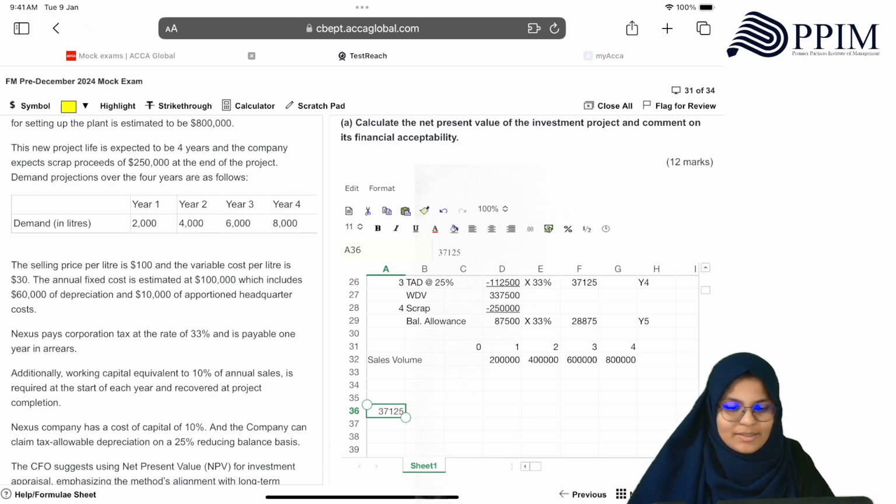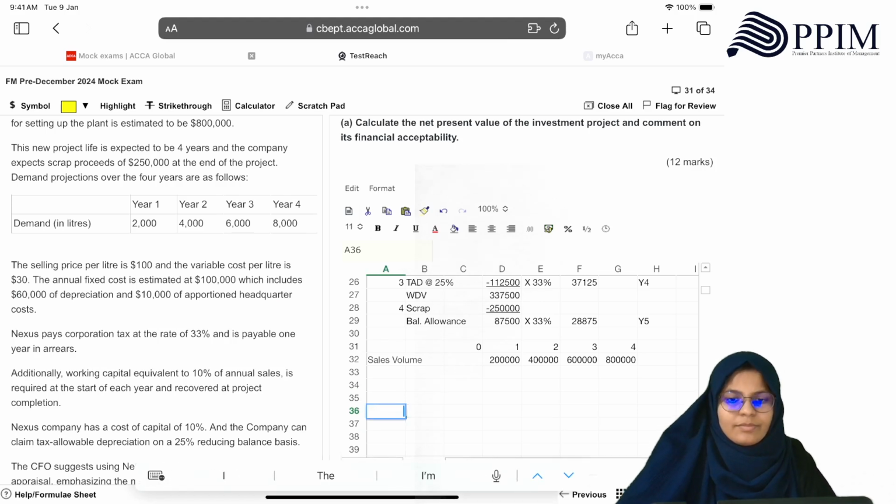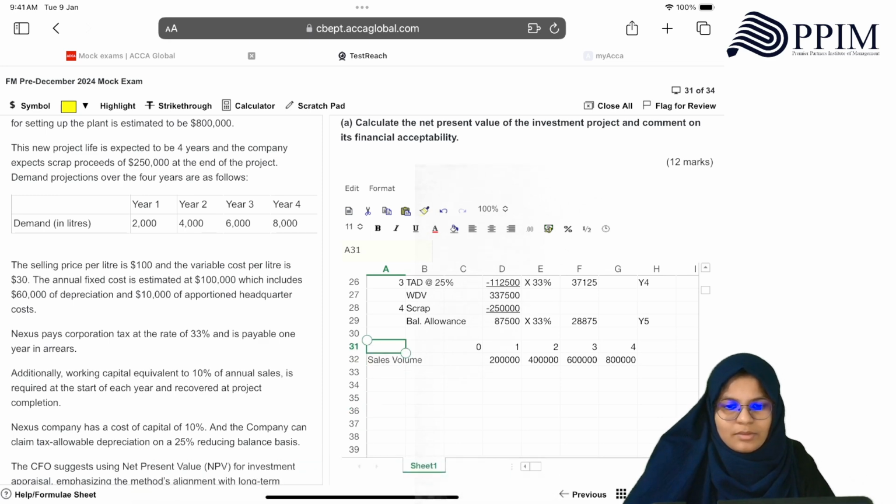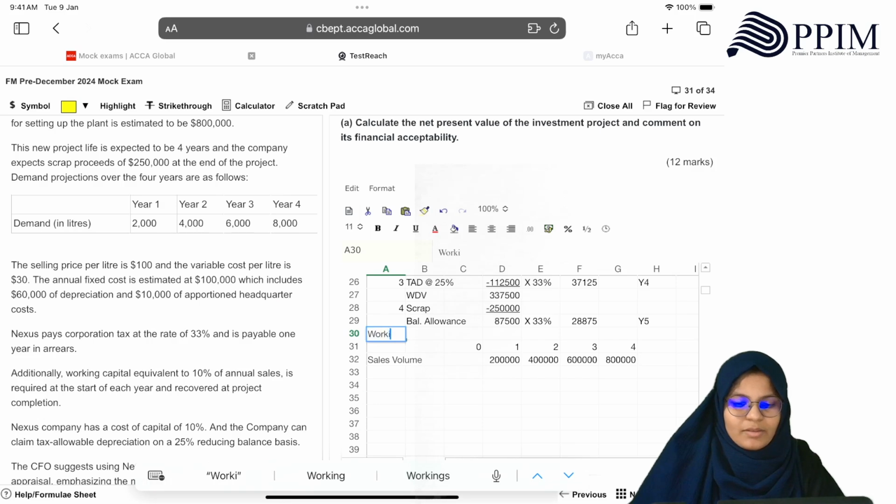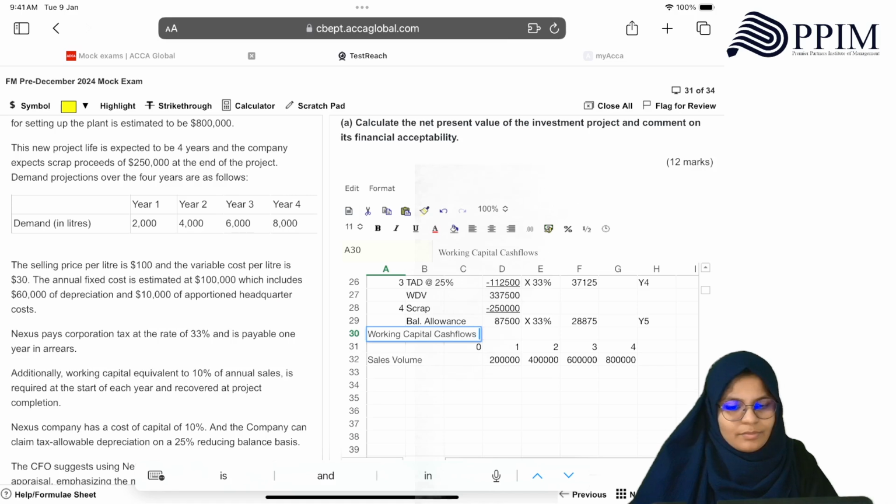Okay, so I'll just put the heading here, working capital cash flows. This will be working number 2.